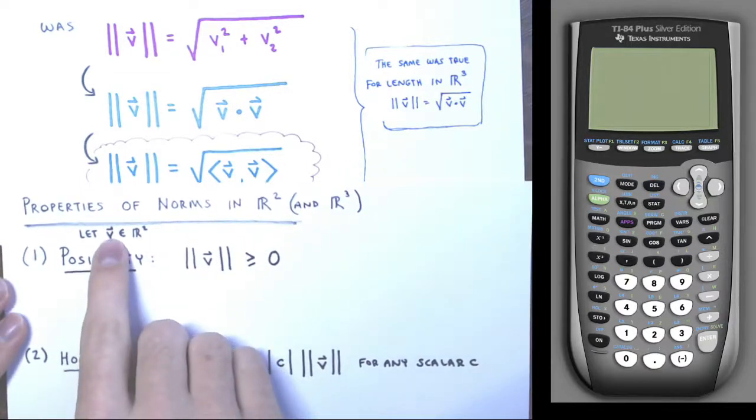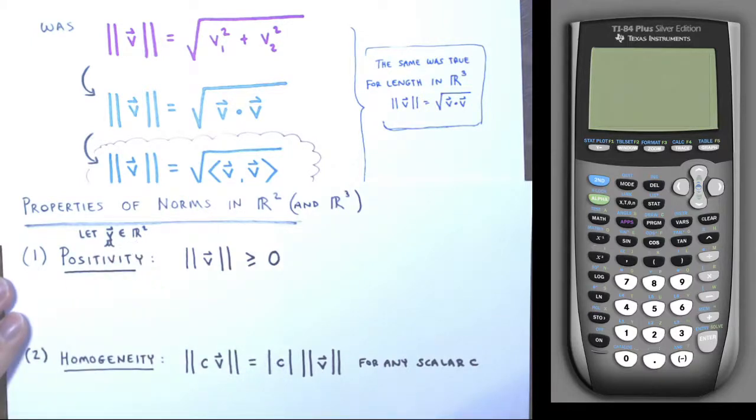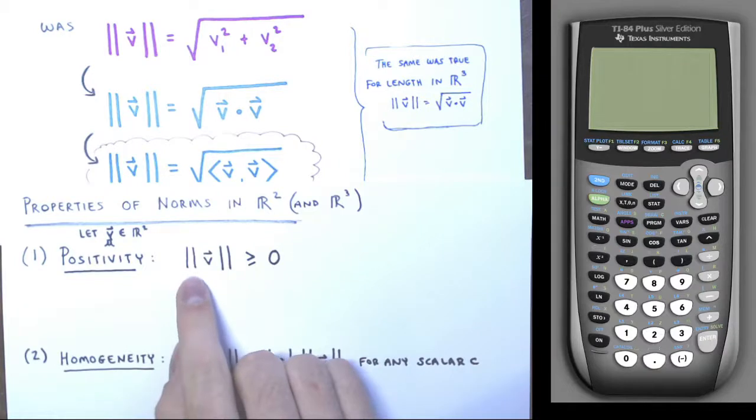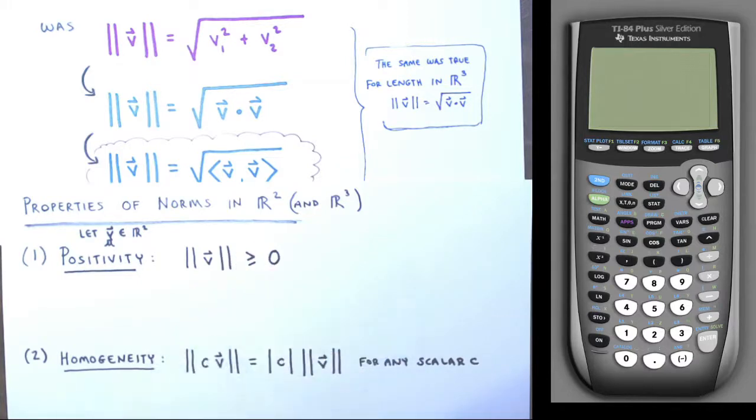So suppose, this is kind of tight here, sorry, I forgot about writing this before I wrote it out. Vector v and vector u, say they're vectors from R2. So the first one is positivity. The norm of a vector will always be greater than or equal to 0. The norm of a vector will always be non-negative.